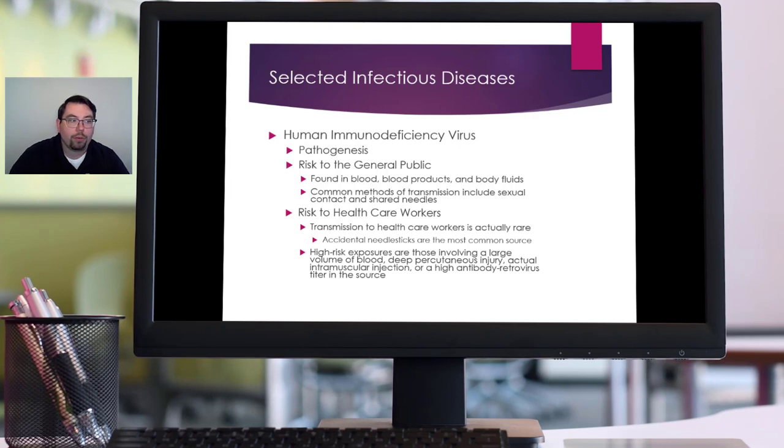One of the big things that we think about when it comes to selected infectious diseases is HIV. The human immunodeficiency virus was the most discussed and feared infectious agent of the modern era up until COVID-19, especially of the past 3 decades.